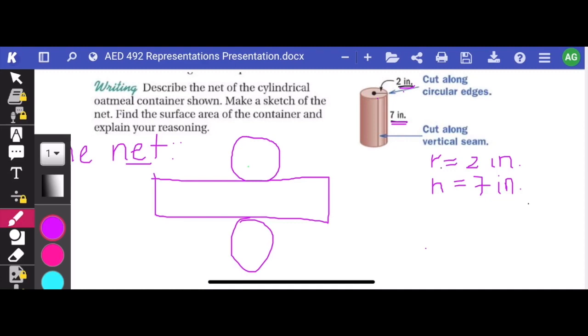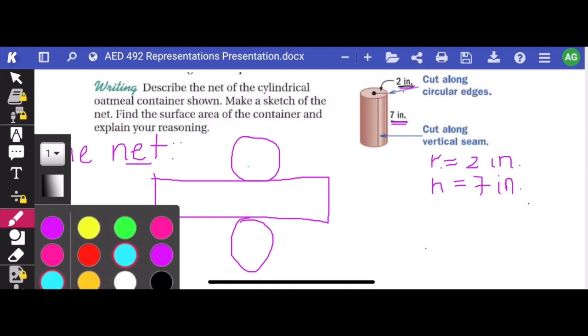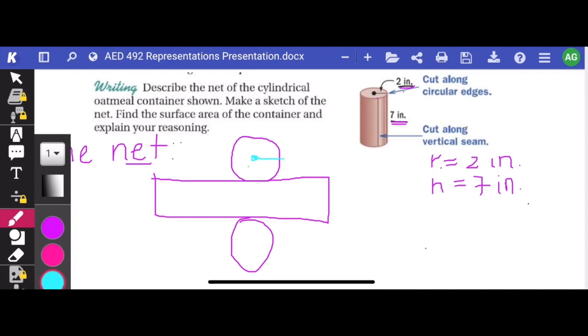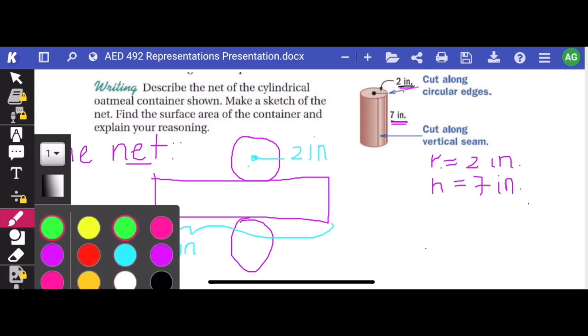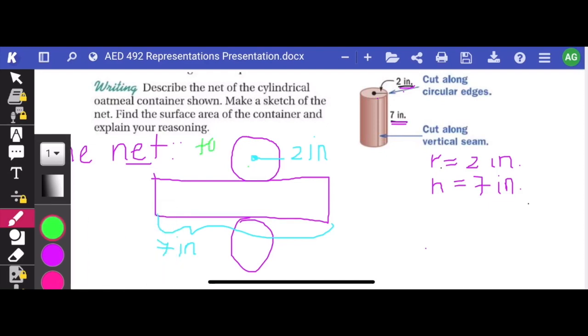We are going to put the values into the net, where it is the circle at the top, which has the radius of 2 inches. It's a rectangle in the middle, and it's another circle at the bottom. When you break apart the pieces of a cylinder, you really just get a circle, a rectangle, and a circle. And that'll be like the top, the curved surface, and the base.